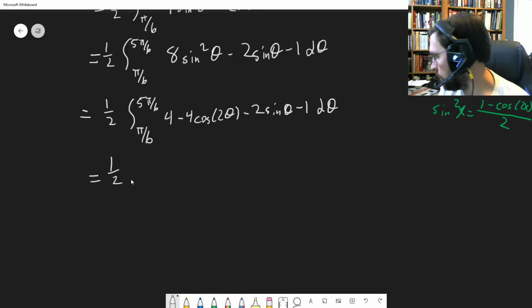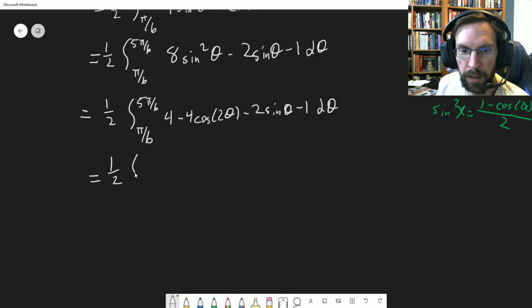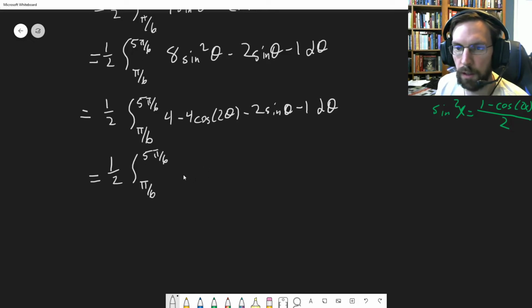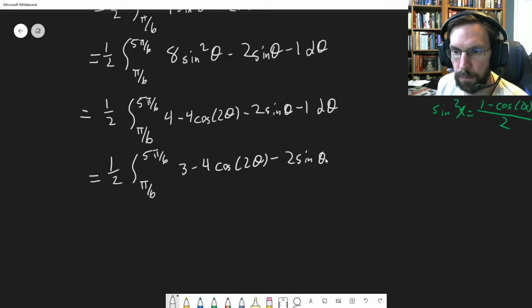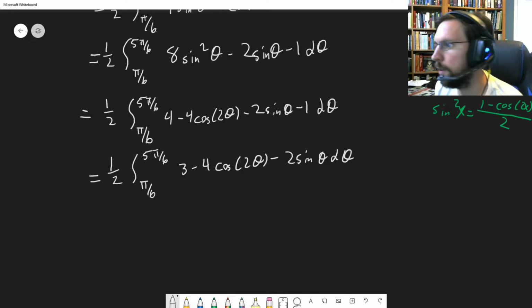We should get 1/2 times the integral from pi over 6 to 5 pi over 6 of 3 minus 4 cosine 2 theta minus 2 sine theta d theta.